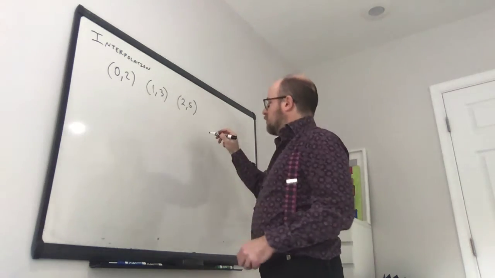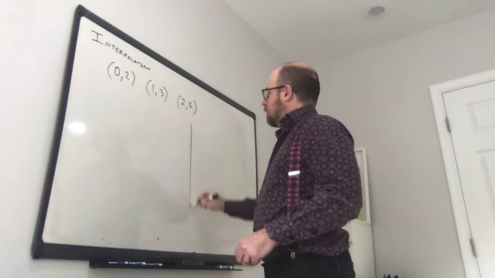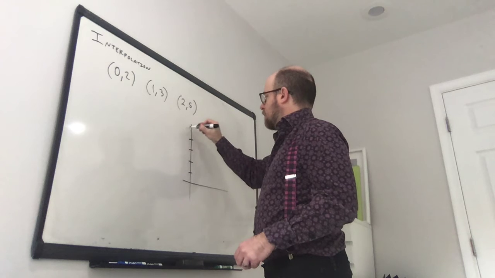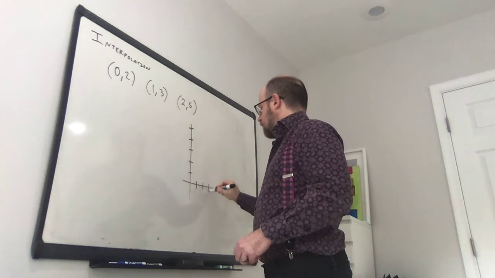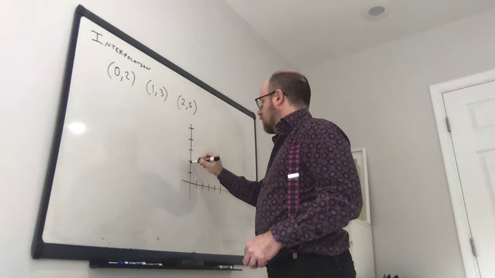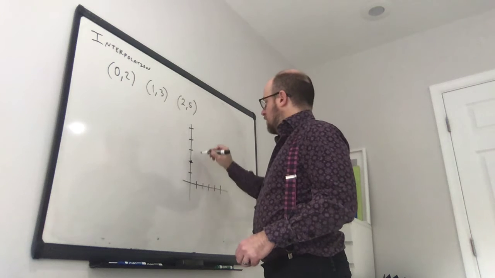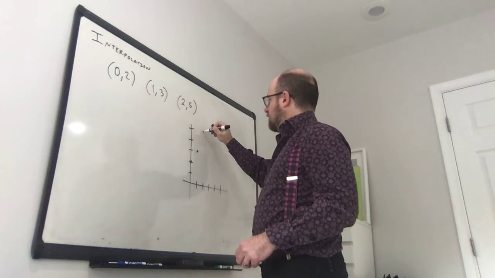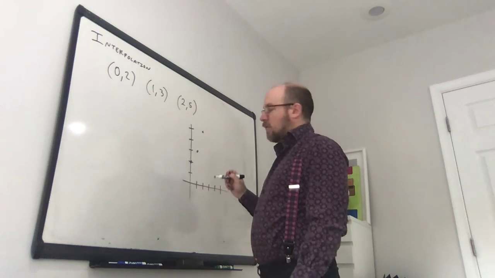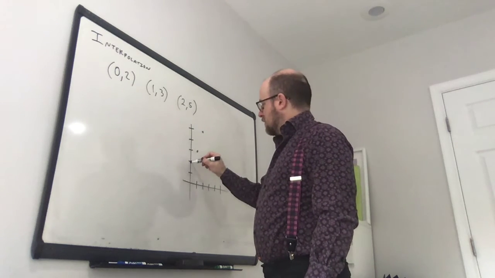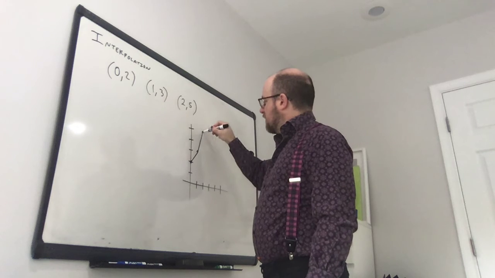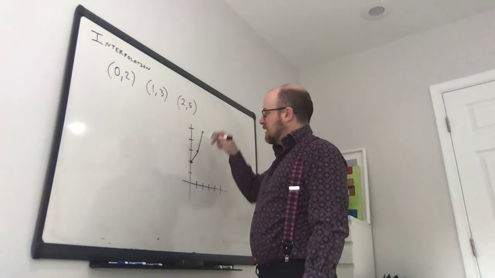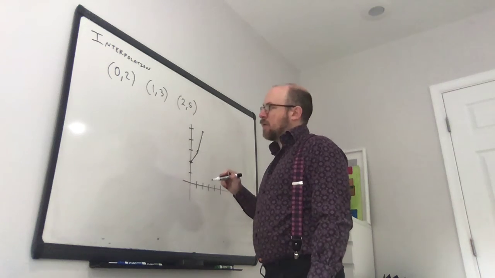If you graph these, you'll see that they don't fall exactly on a straight line, right? But we're looking for this piecewise linear curve. So first this piece, and then that piece, okay?